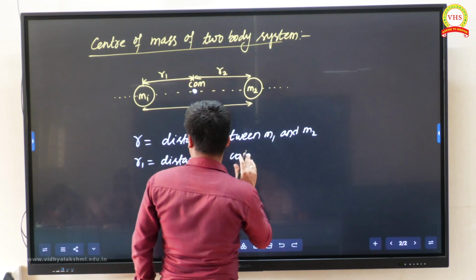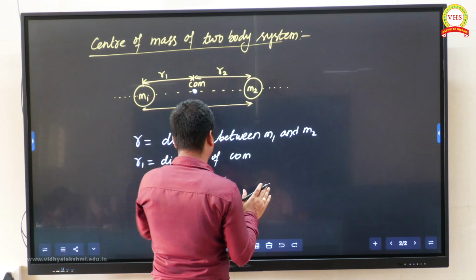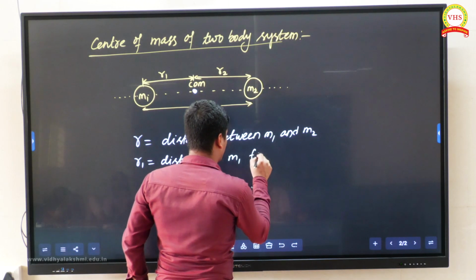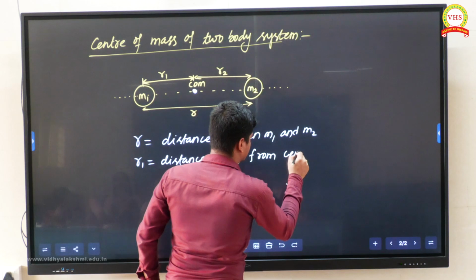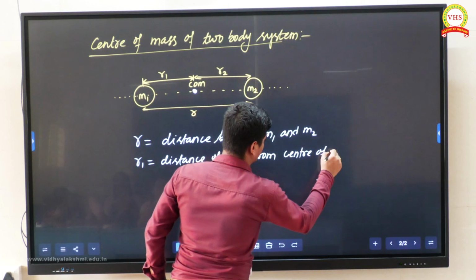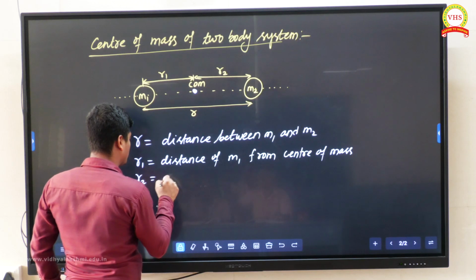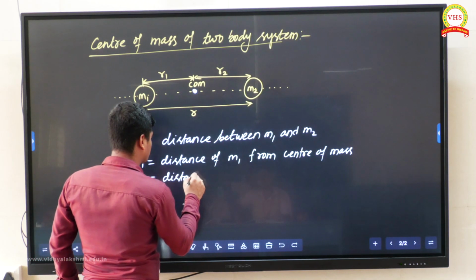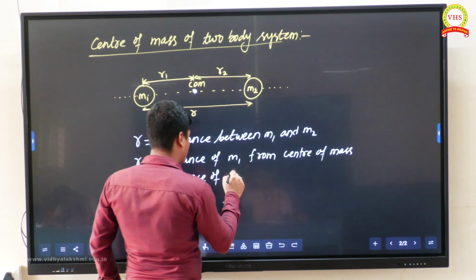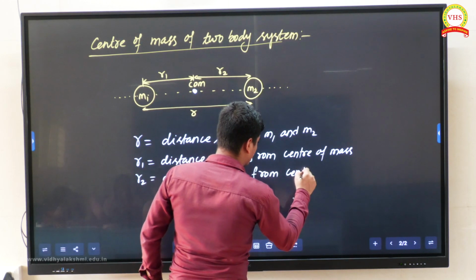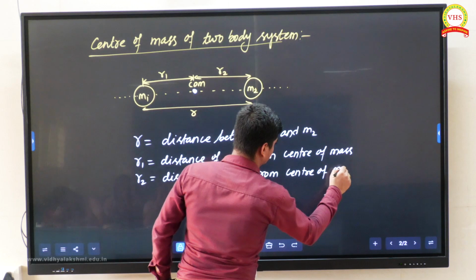Now R2: what is R2? The distance of M2 from the center of mass.